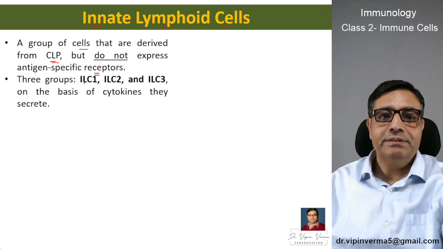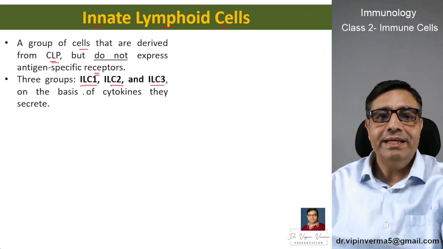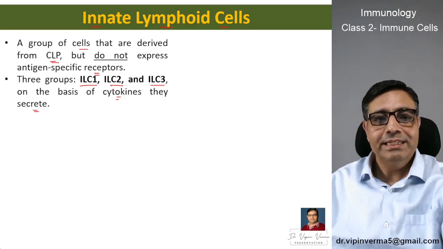We have three groups, ILC1, ILC2 and ILC3, on the basis of the cytokines they secrete. These groups secrete some specific cytokines, and based on these cytokines we have grouped them into ILC1, ILC2 and ILC3.